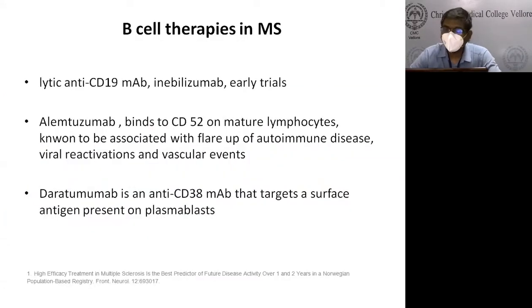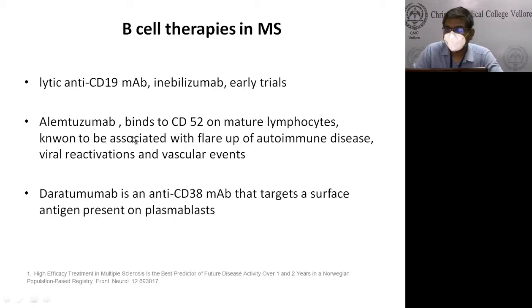What are the other novel B cell therapies in MS? Inebilizumab is an anti-CD19 monoclonal antibody. We are all familiar that it has been approved for treatment of NMO spectrum disorder. There are currently ongoing phase 3 trials, in which we are also a part, in myasthenia gravis. Anti-CD19 inebilizumab has also been shown in some early trials to be effective in multiple sclerosis.